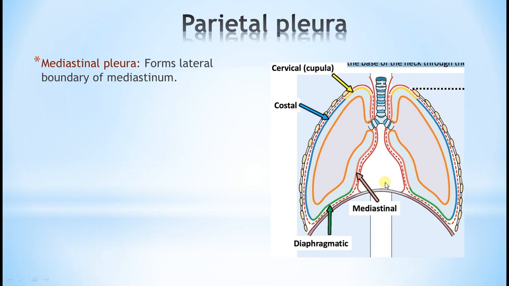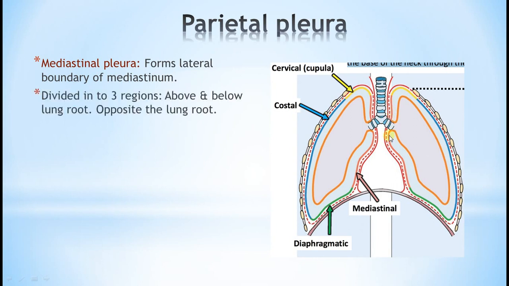Now this mediastinal pleura has to be discussed under three regions. You know, this is the lung root: above the lung root, at the region of the lung root, and below the lung root. Okay, so how is this mediastinal pleura disposed?